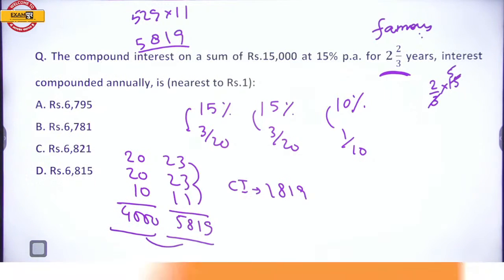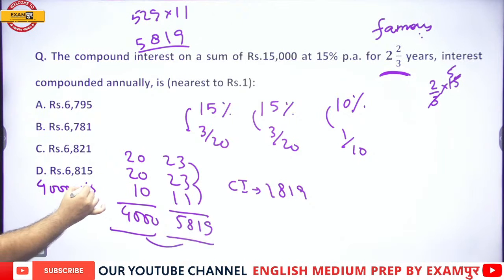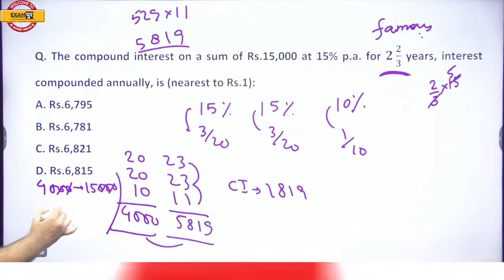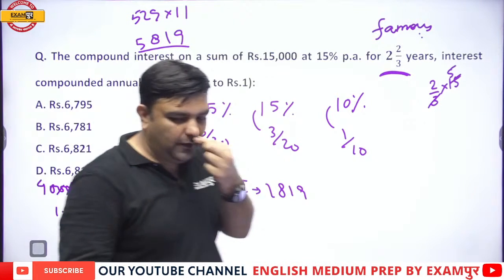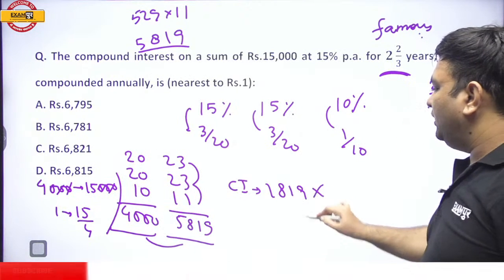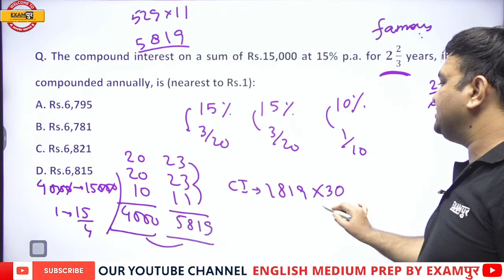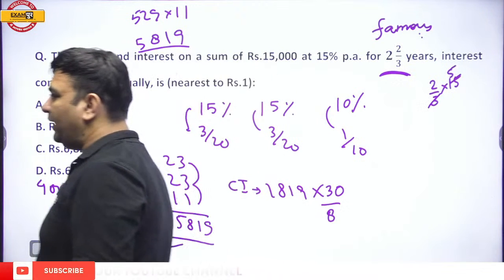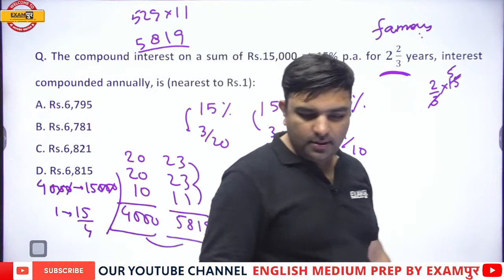But the principal is given as 15,000. So 4,000 is given as 15,000. So 1 is equal to 15/4. Guys, can I write 15/4 as 30/8, if you don't mind? Yeah, we can.